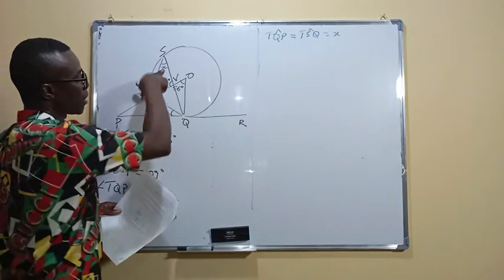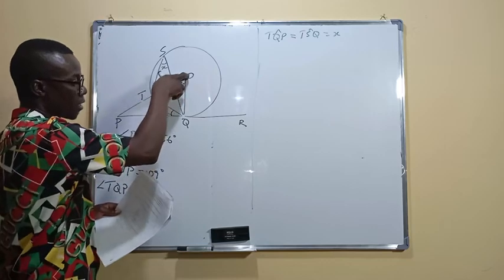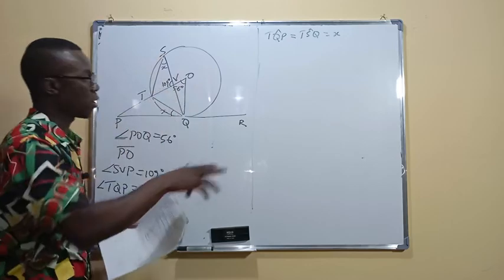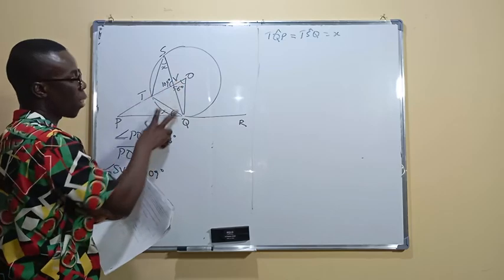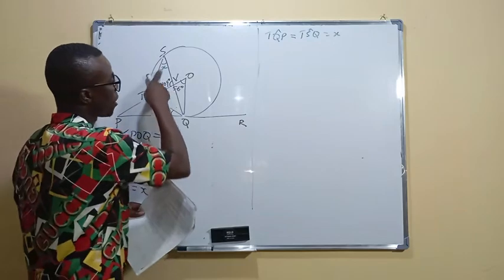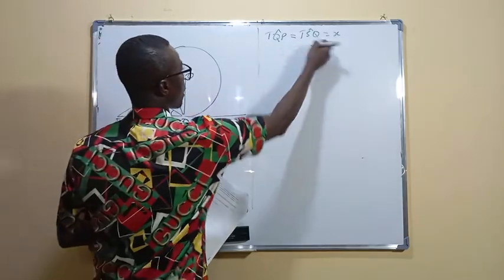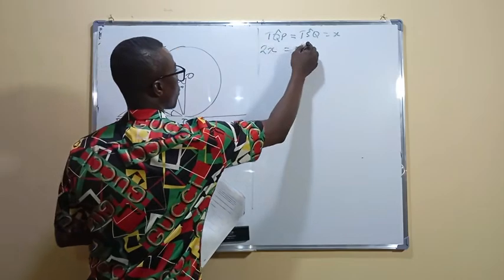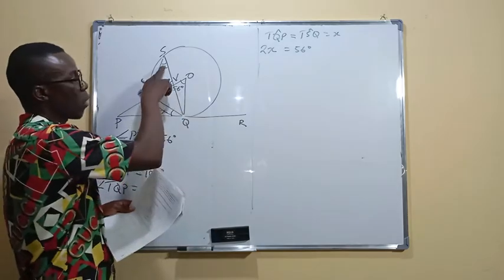Now, you can still see this chord subtends an angle at the center and also on this part. There's a theorem that says the angle subtended by a chord at the center is twice that subtended on the remaining part of the circumference. So 2x is equal to 56 degrees, that's the angle at the center is twice this.